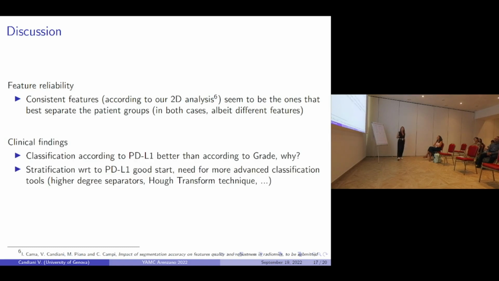About clinical findings, we're still in the process, but specifically the classification according to PDL1 was better than the one according to the grade. Why? That's something that we should investigate with the physicians. And once again, we could try out some higher degree classifiers, or maybe some half-transformed technique for the second case.